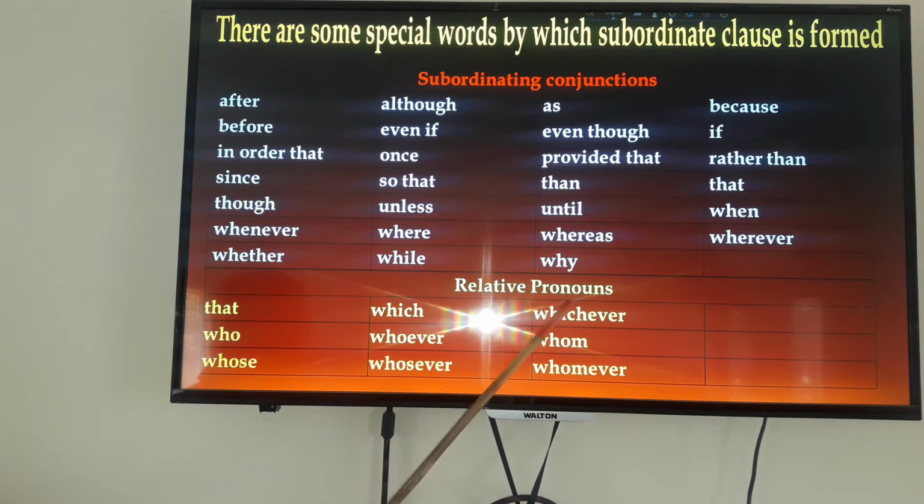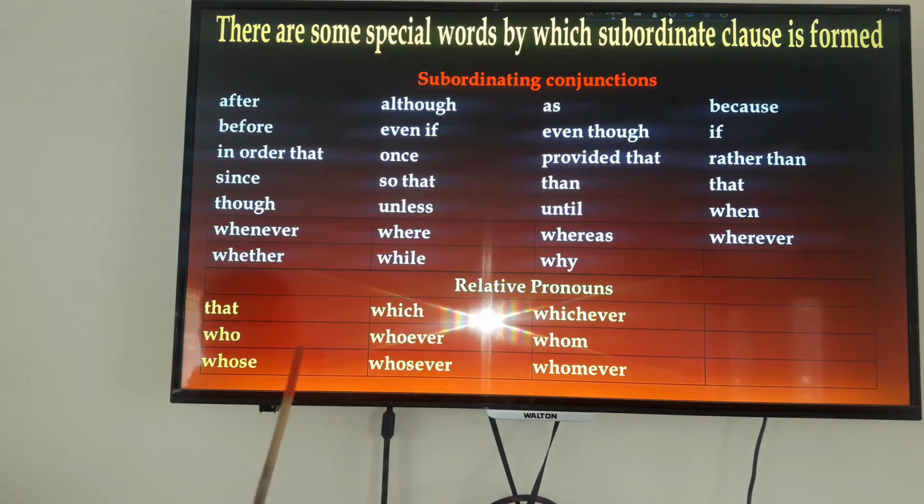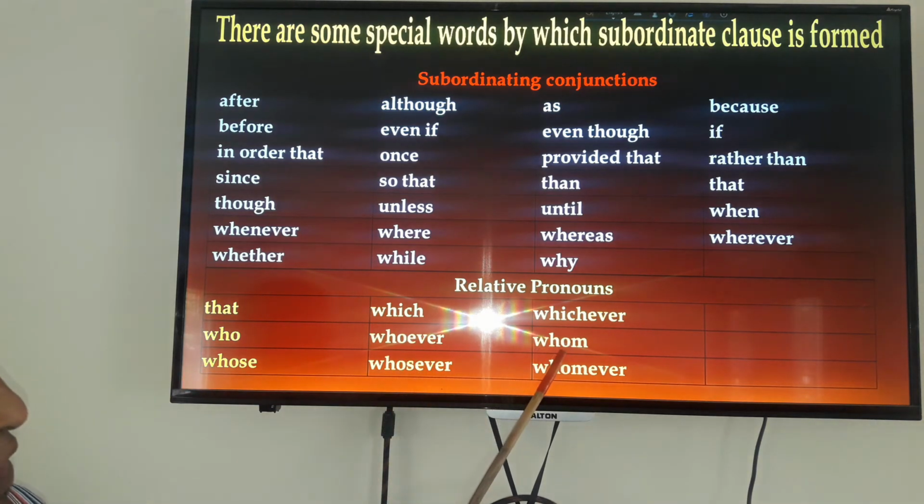Here are some relative pronouns, which are included with the subordinating conjunctions. They are also subordinating conjunctions. That, who, which, whose, whoever, whosoever, whichever, whom, whomever.